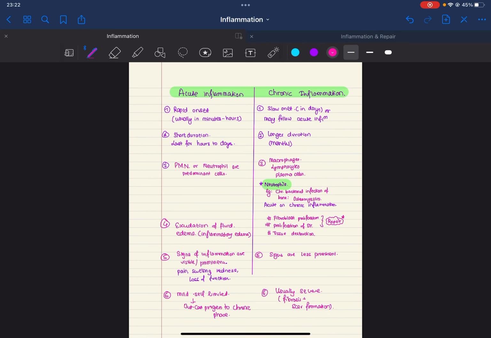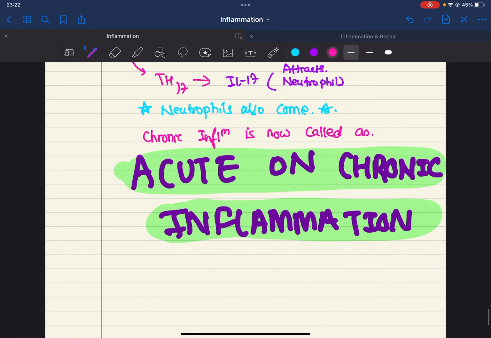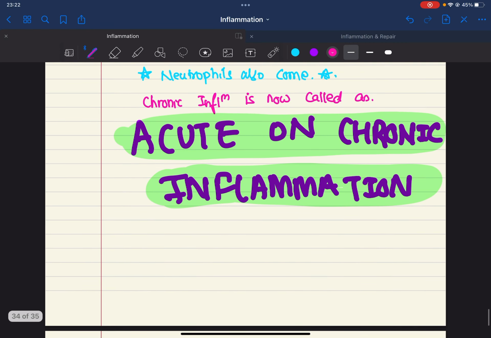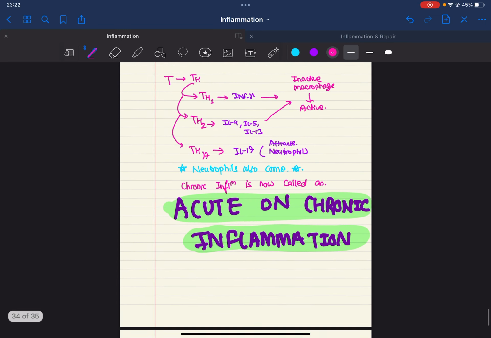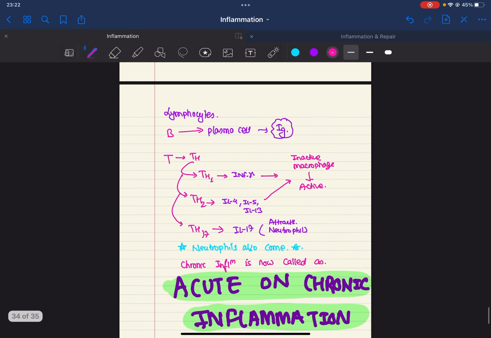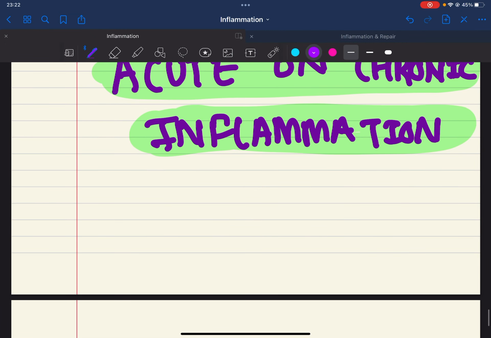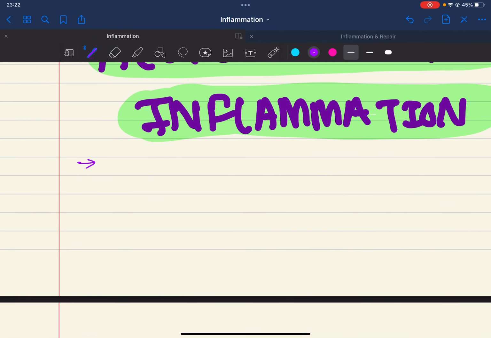In the previous video on chronic inflammation, I talked about acute on chronic inflammation, which mostly happens in osteomyelitis. But I forgot to mention one thing. Not only lymphocytes and macrophages, there might be other types of cells in chronic inflammation.